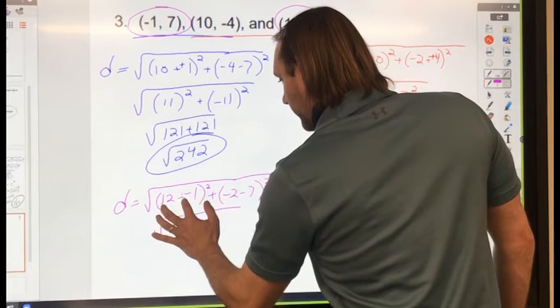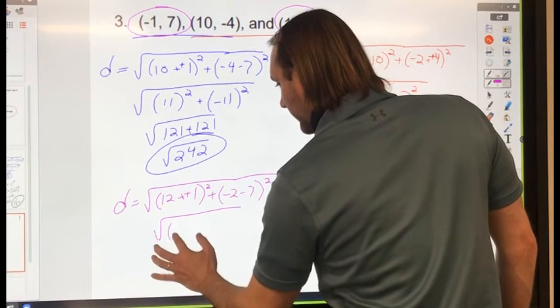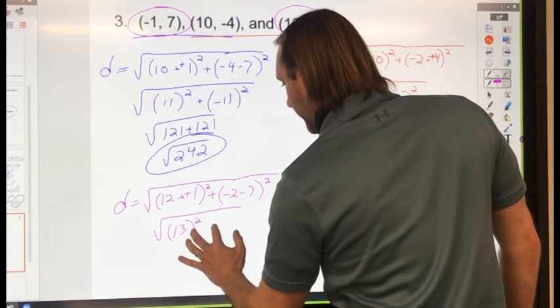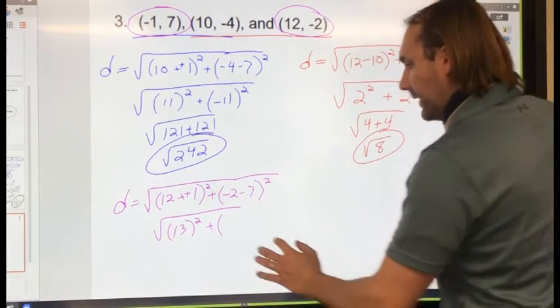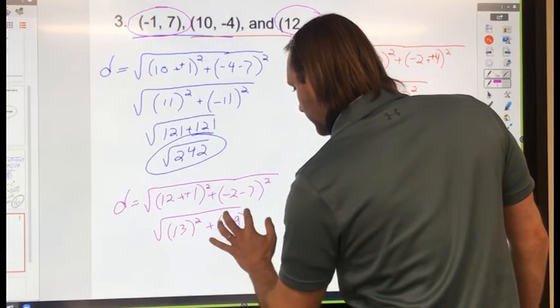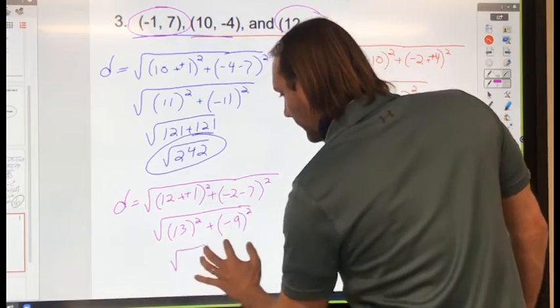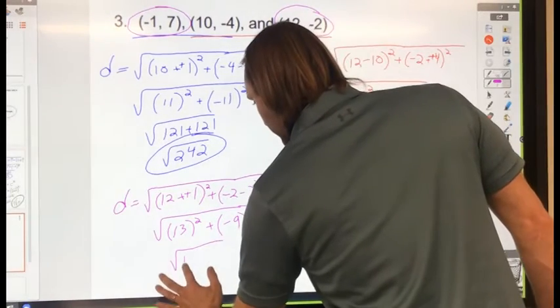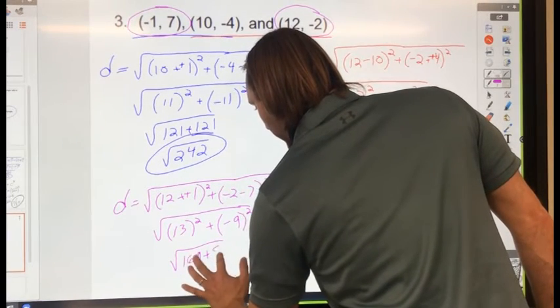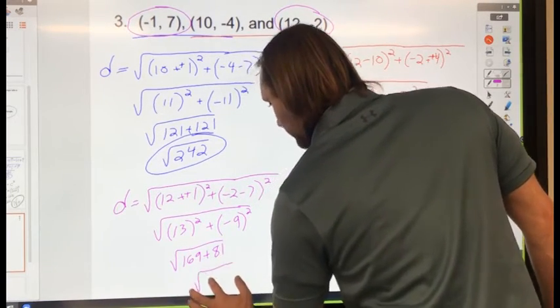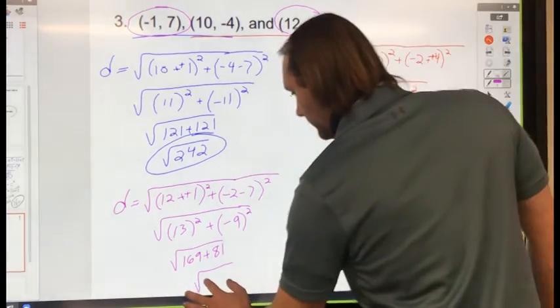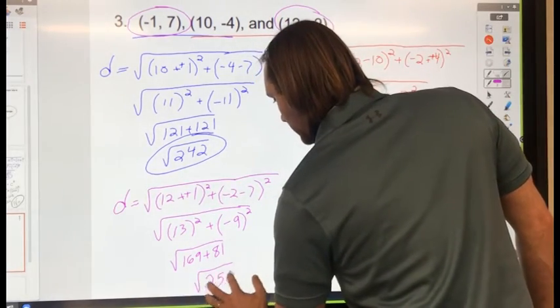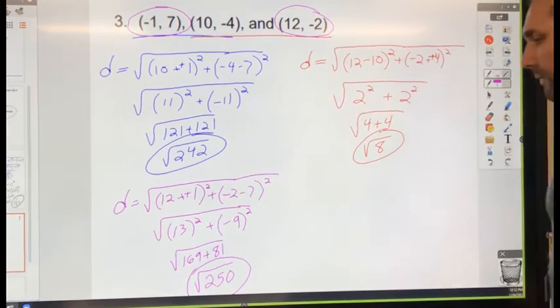Square root of plus plus, that is 13 squared, plus negative 9 squared, which is the square root of, what's 13 squared? 169, plus 81, which is the square root of 250. Everybody get the square root of 250? No, sir. Okay.